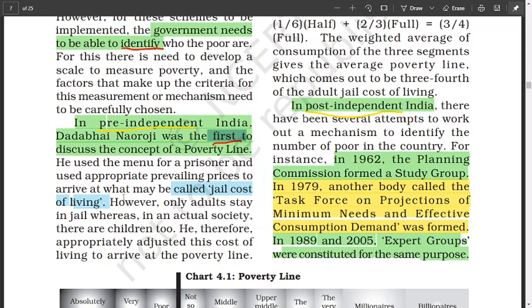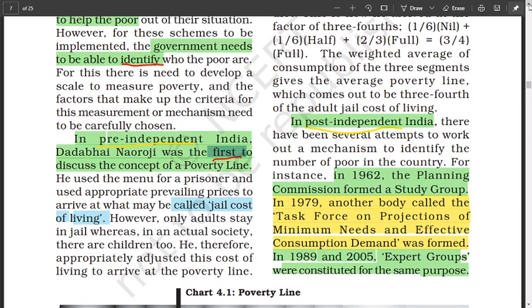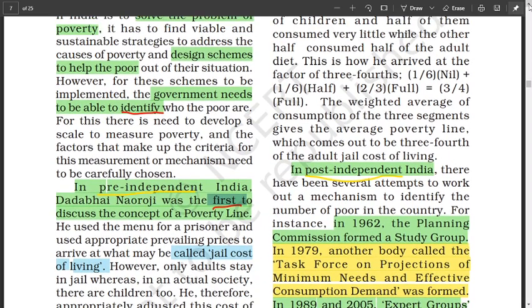If you use that and adjust to the cost of living in a society, of course there are children, and children eat less than adults. So if you know the cost of living in a jail, and you adjust for the children, half of them eat less, half of them consume like adults.